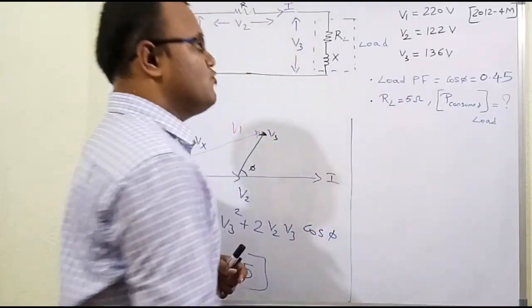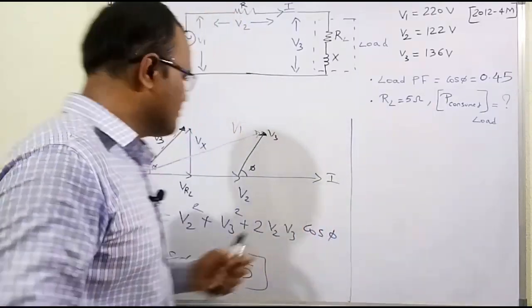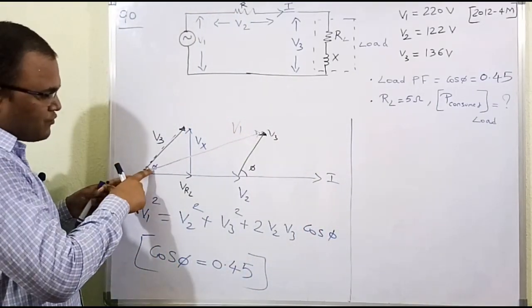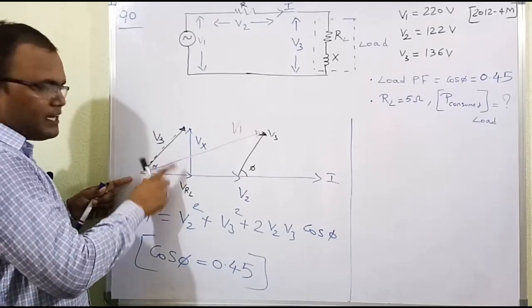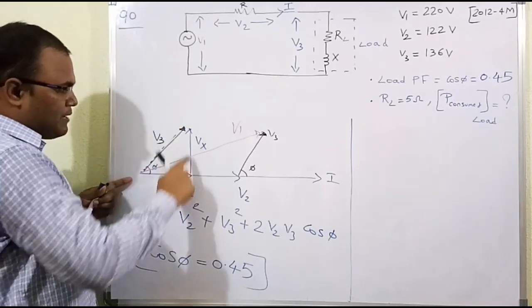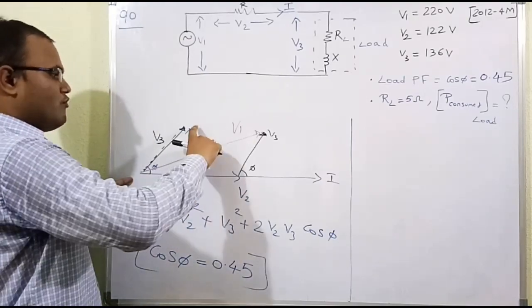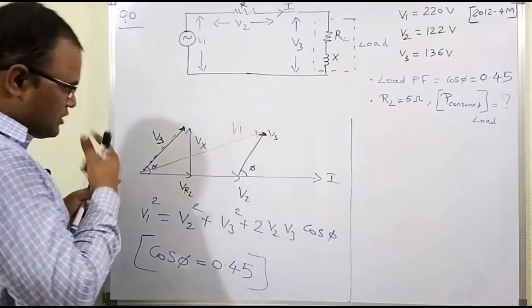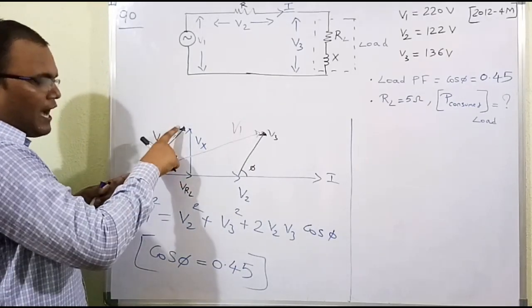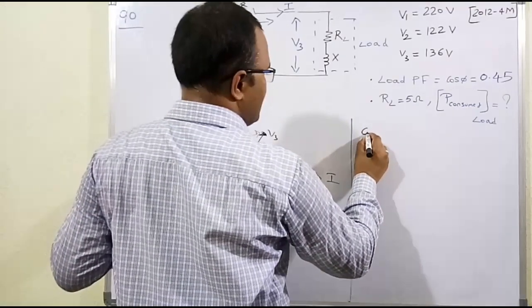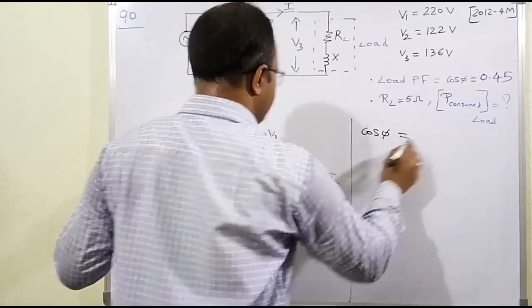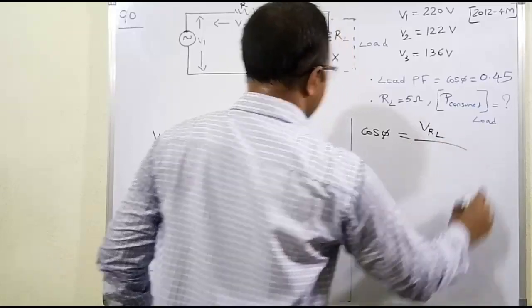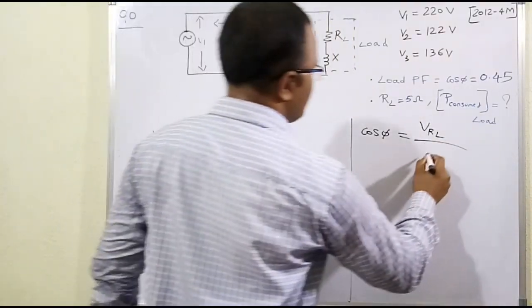Now we need to find the power consumed by the load. If you see carefully, one thing will be very clear. Here cos phi is adjacent by hypotenuse. In this triangle I am considering the triangle VRL, Vx and V3, this right angle triangle. Therefore cos phi is equal to adjacent by hypotenuse, where adjacent is VRL, the voltage across the resistor RL, by V3.